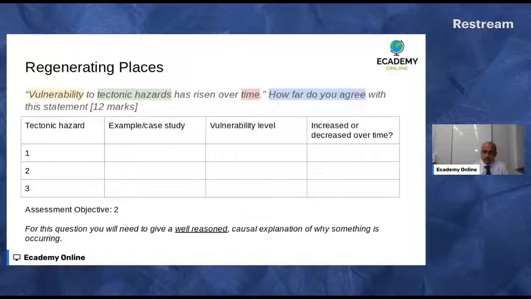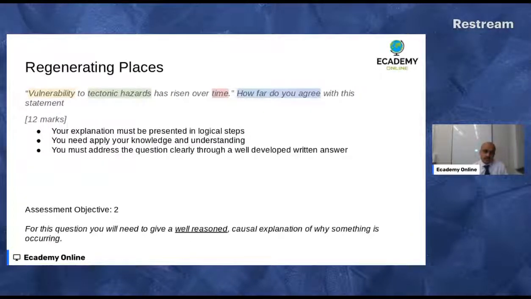Okay, so let's move on. So again, remember, you must explain in logical steps, apply your knowledge and understanding clearly, and have a well-structured and well-developed answer. Remember from the previous question that we did, we broke the question down into little chunks, and wrote the answer down in little chunks as we went along, right?